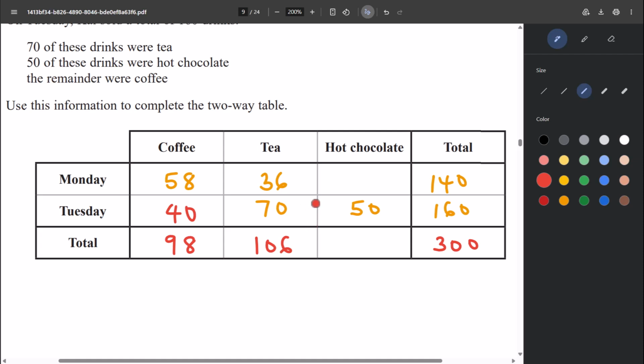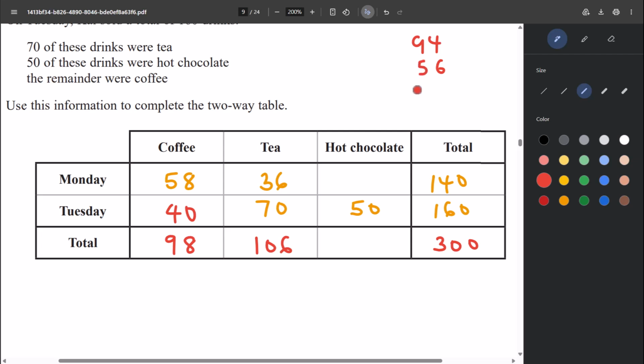And again, we got these two numbers here, and 58 plus 36 will be 94. So what do you add to 94 to make 140?